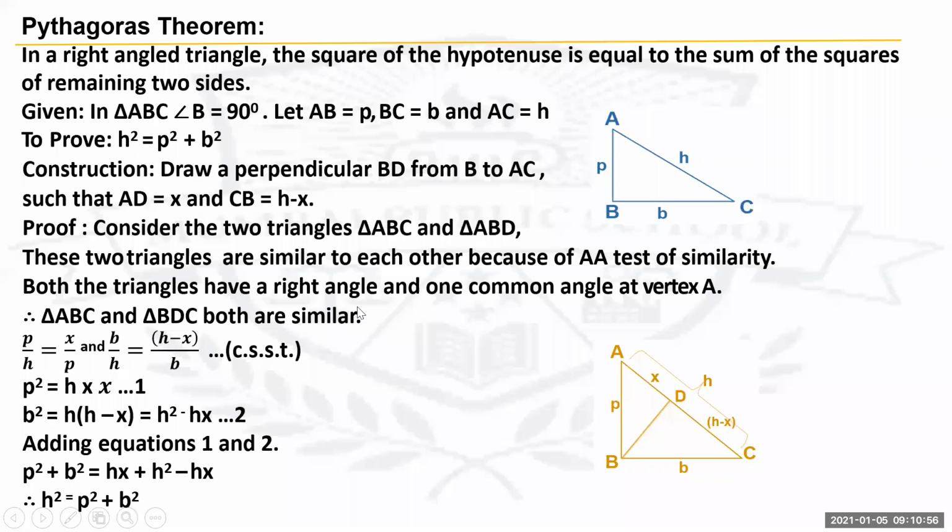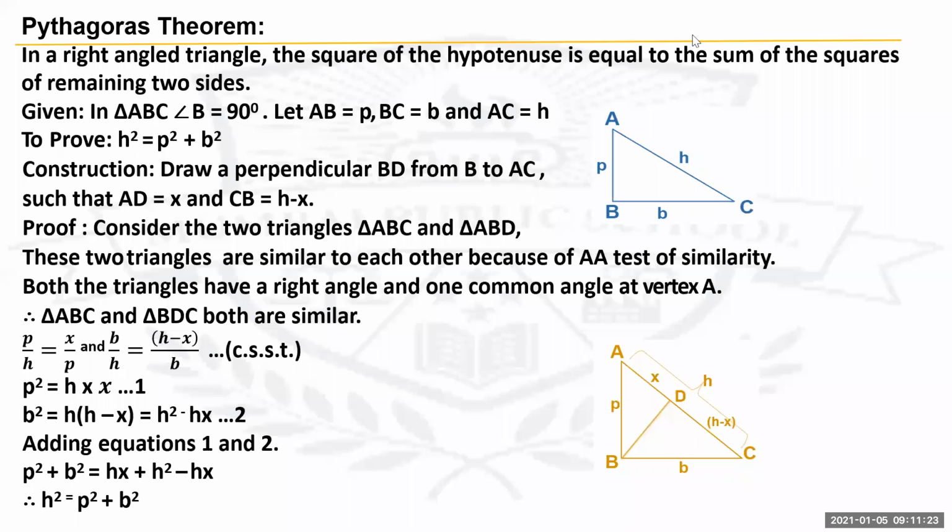Now see, Pythagoras theorem. In a right angle triangle, the square of the hypotenuse is equal to the sum of the squares of the remaining two sides. So suppose you consider this triangle ABC given to you, where angle B is 90 degrees.